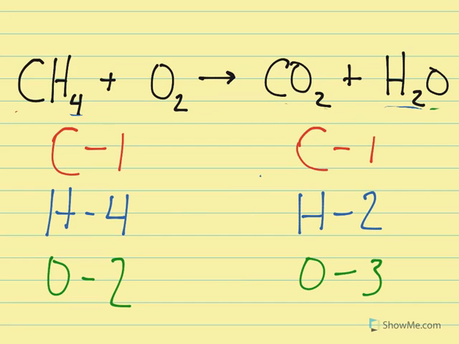Now, an easy but incorrect solution would be to say, well, I need 3 oxygens on the right, so let's just change this subscript to a 3. That would give you 3 oxygens, but you've changed the reaction. That O2 was just good old oxygen. Now O3 is ozone, which is something completely different.